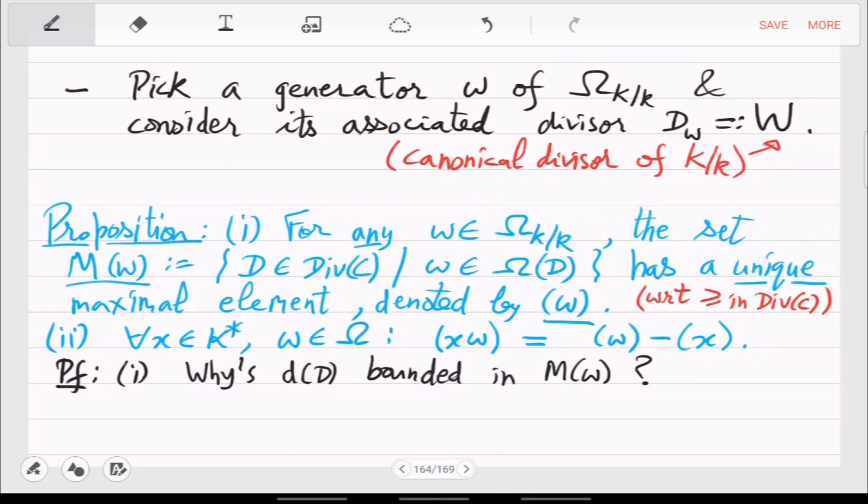So that is through this map that you have seen last time. So consider the map I, which is from L(D) to omega 0, that sends a function x, so x plus D is greater than or equal to 0, that is the function x, and what we did was we multiplied this with the differential omega.